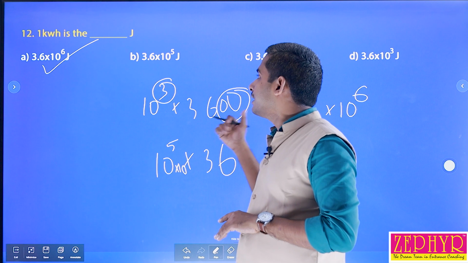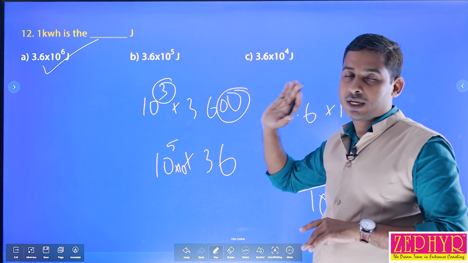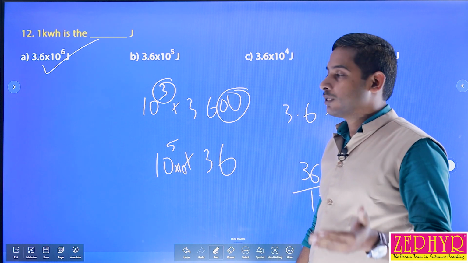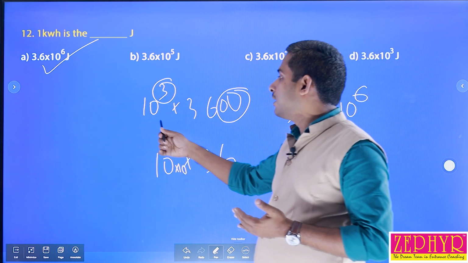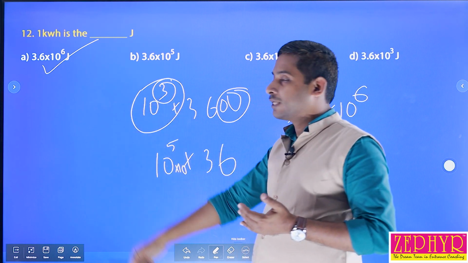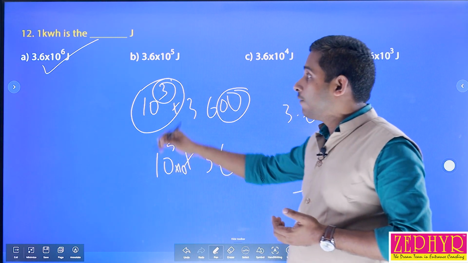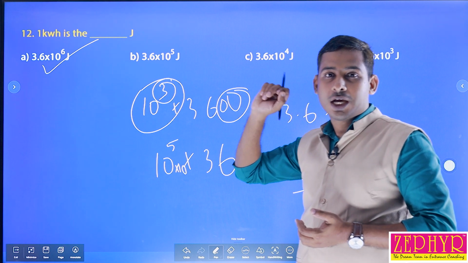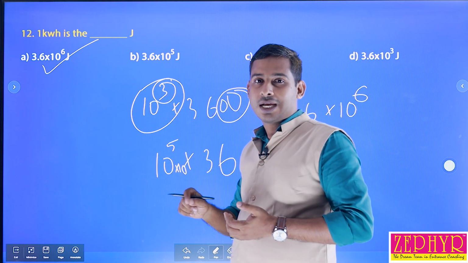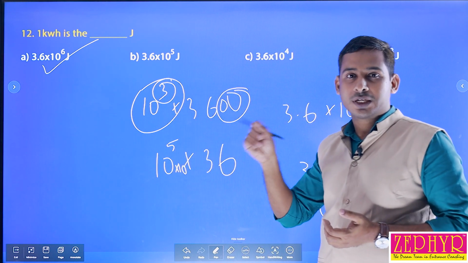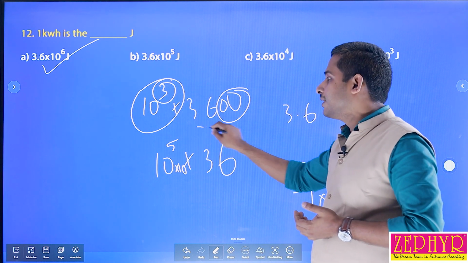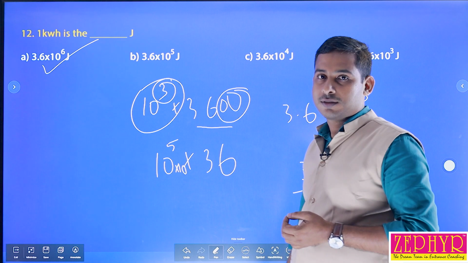How can we explain this? Our question is 1 kWh. kW is kilowatt, so you have to multiply the given number by 10 cube. Hour is not an SI unit, so you have to change it into the SI system by multiplying by 3600.